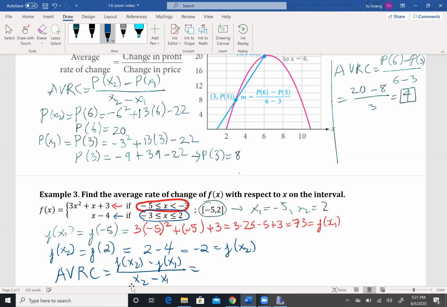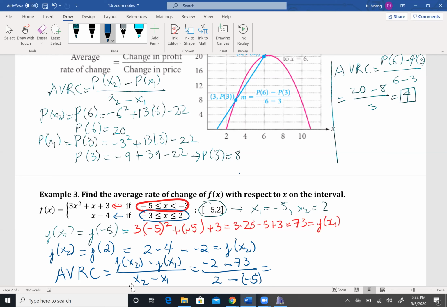Okay, now I'm going to have f(x2) is -2 minus f(x1), which is 73, and then I divide by x2, which is 2, minus x1, which is -5. Don't forget to put the negative, because sometimes you just try to combine or even forget the negative sign, and that changes the whole answer.